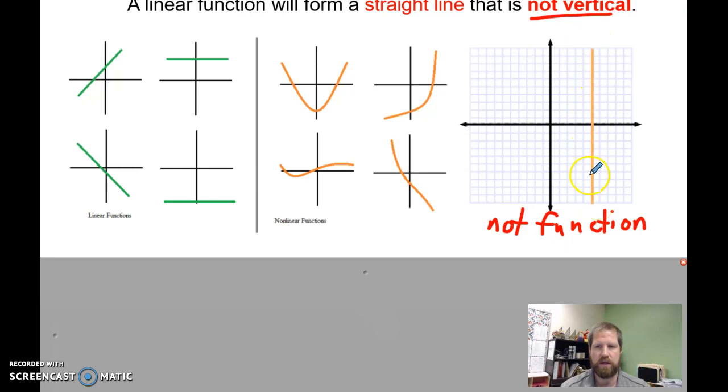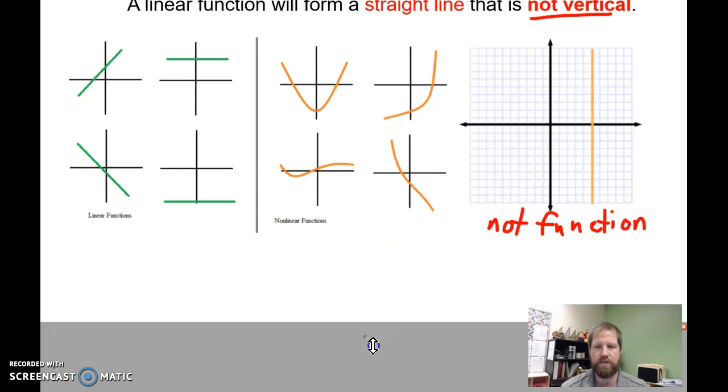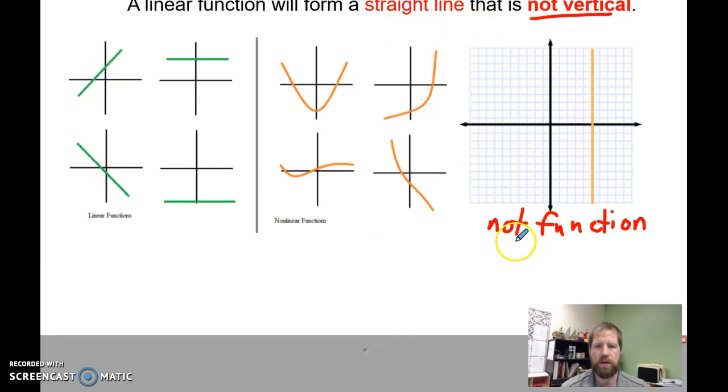Right? This, as an equation, would look like x equals 5. Right? There's no y value in there.